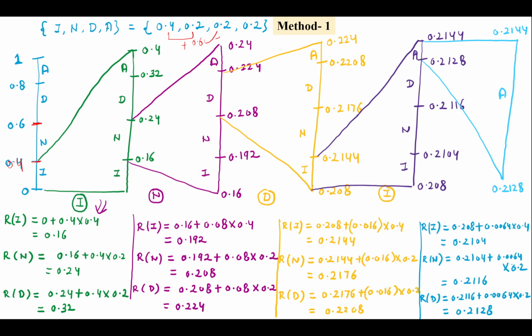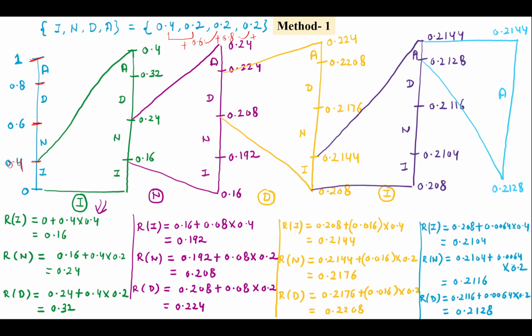Again, adding the next probability, this is 0.8. And after 0.8, if you add again, that is 1. So this is actually the CDF.